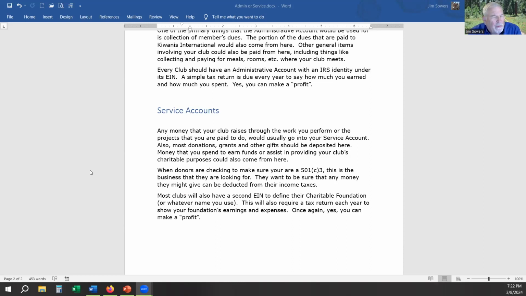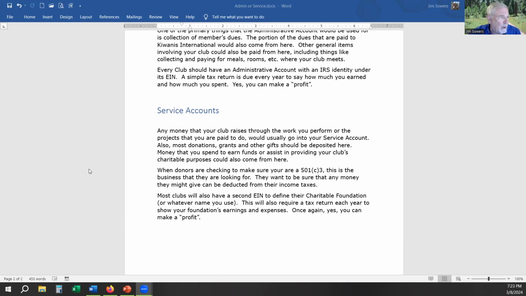One of the things that a lot of people don't recognize, I guess that's what I'm trying to say, is that every Kiwanis club, in theory at least, runs two different organizations. They're two different businesses. They're two different taxpayer identification numbers. You and I have Social Security numbers that tie us to the IRS.